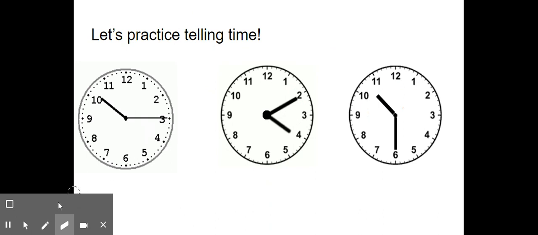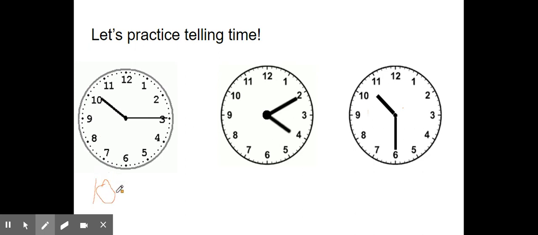Let's look at this first clock together. Remember, we start by looking at the smaller hand, the hour hand. Now looking at this smaller hour hand, I see that it's in between the 10 and the 11. I know that we have to go back to the hour that came before. So I'm going to say 10.